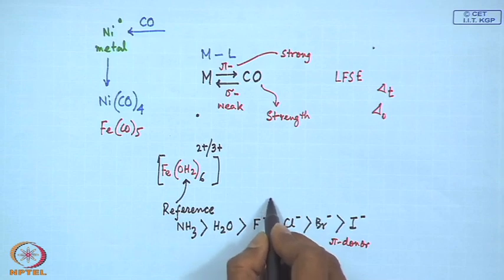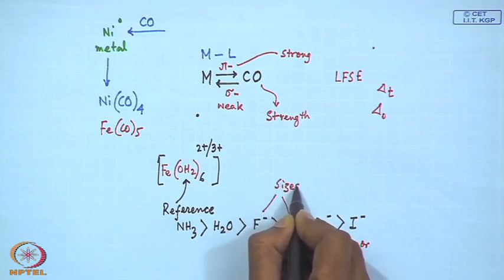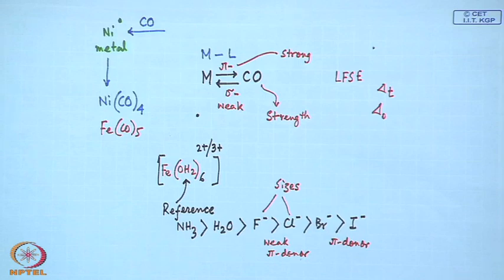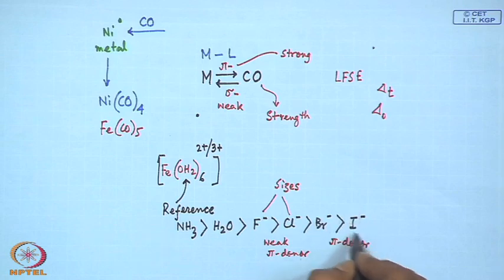Here the size is the main factor. If we consider the size as well as the charge on the particular ion, that can also tell us why these are weak pi donors with some pi donor ability.